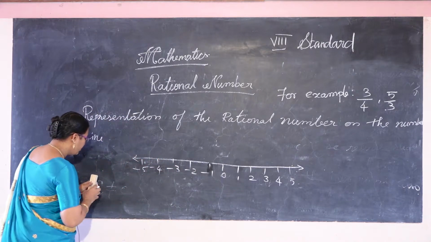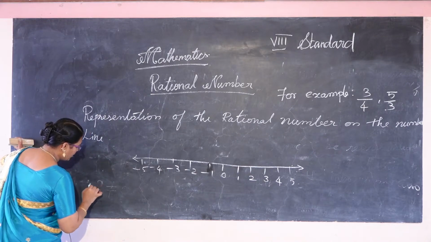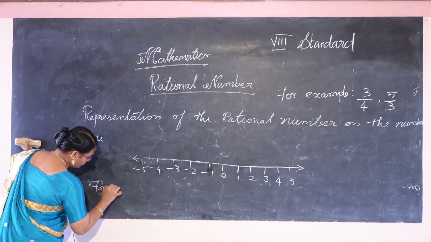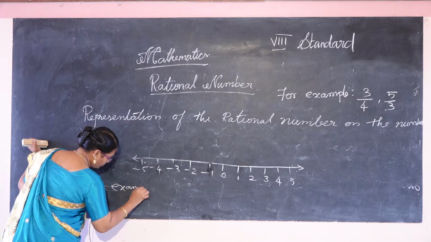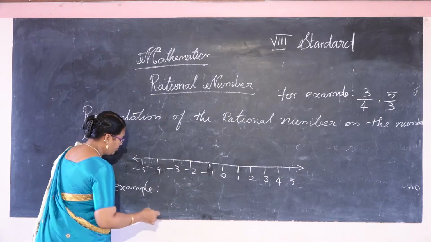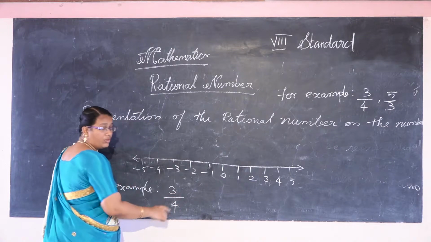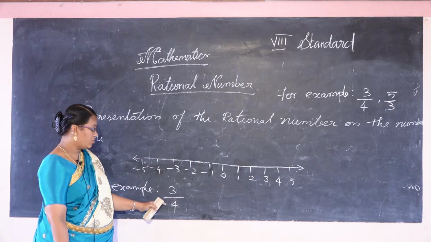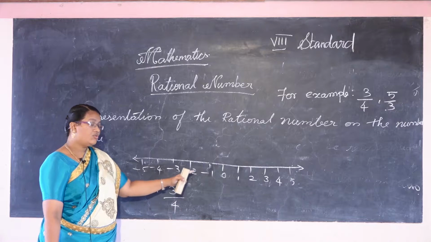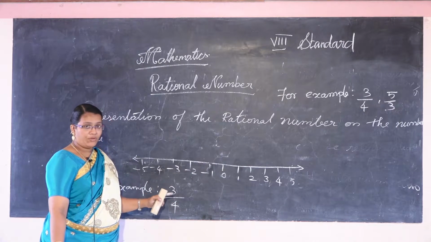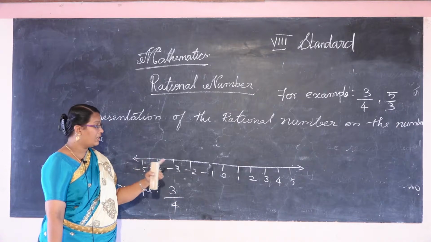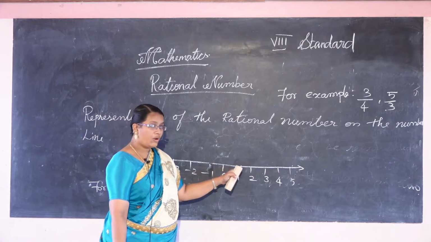For example, the rational number 3 by 4. 3 by 4 is a proper fraction, so it should lie between 0 and 1. A proper fraction should lie in the interval between 0 and 1.